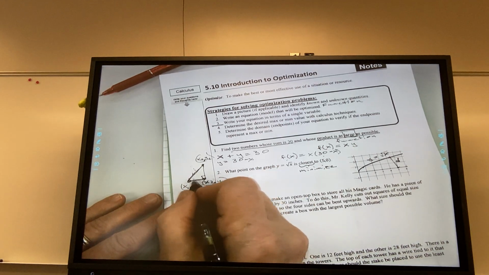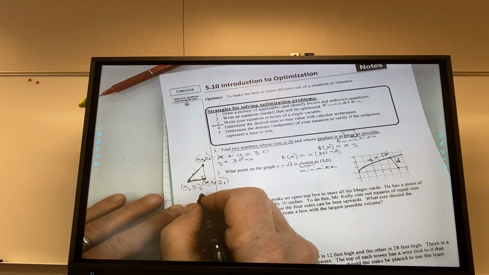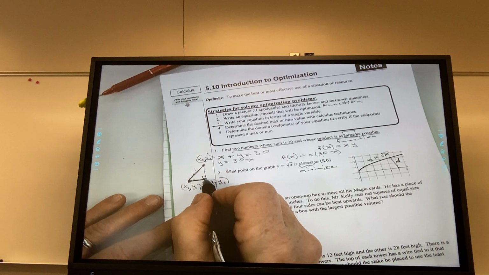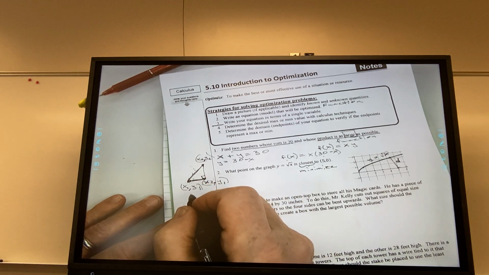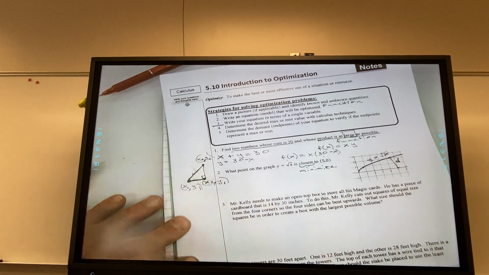So this horizontal distance, what would that be? From here to here. Yeah, 5. How did you come up with 5? I'm just talking about arbitrary points, making up random numbers.